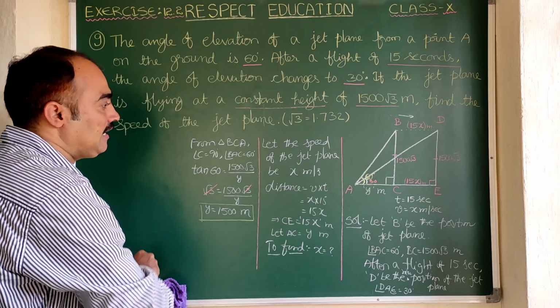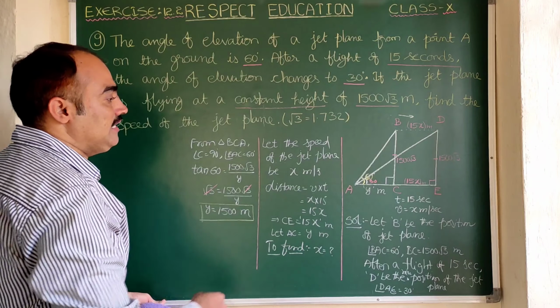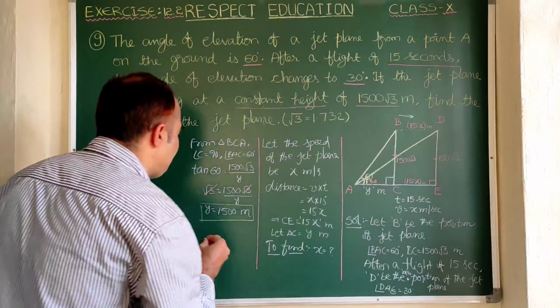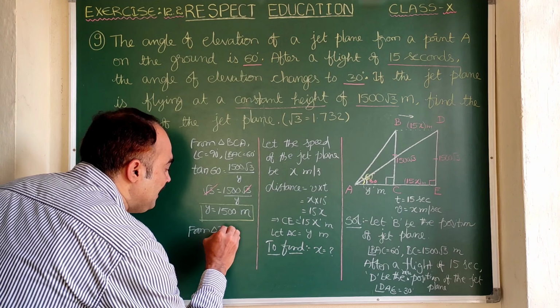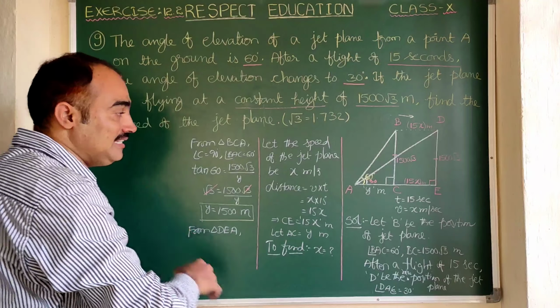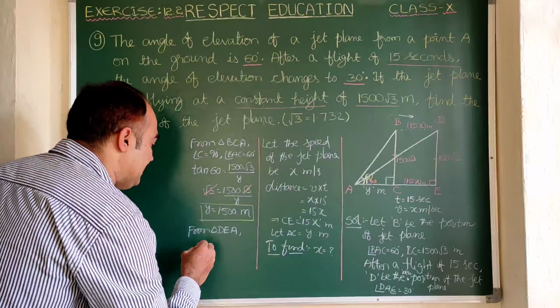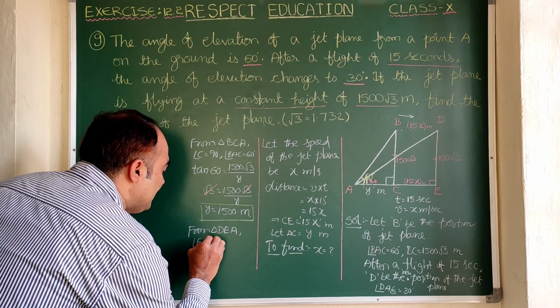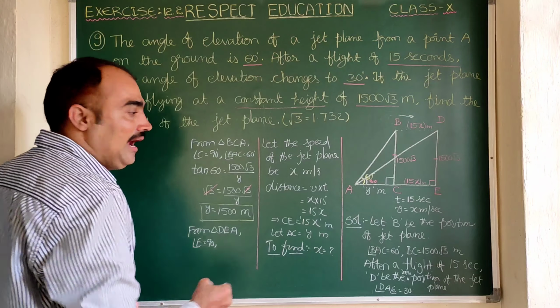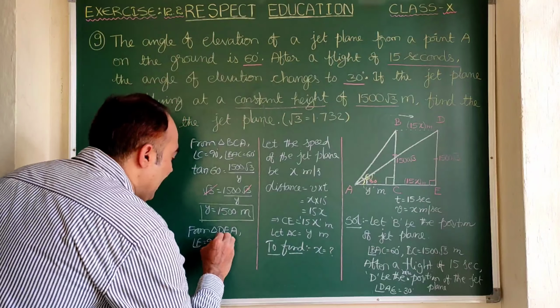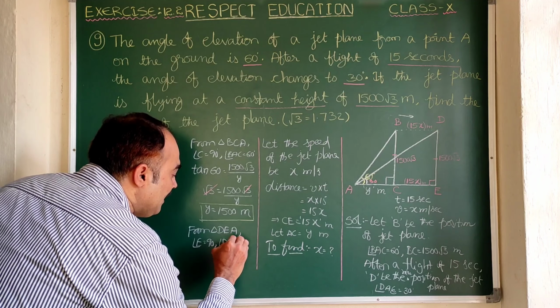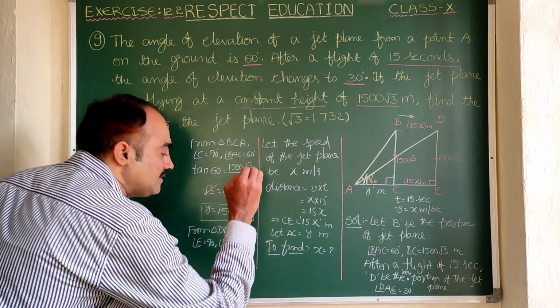Now let us consider another triangle, that is triangle DEA. From triangle DEA, angle E is 90 degrees, and angle DAE is equal to 30 degrees.